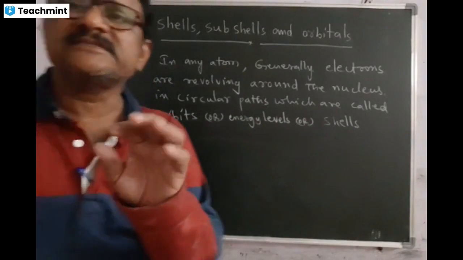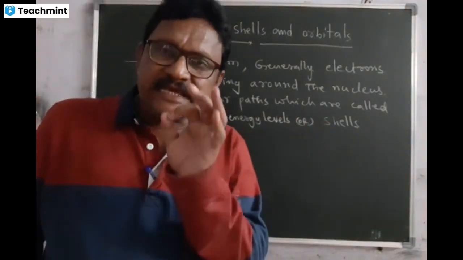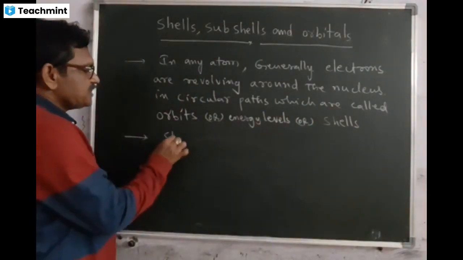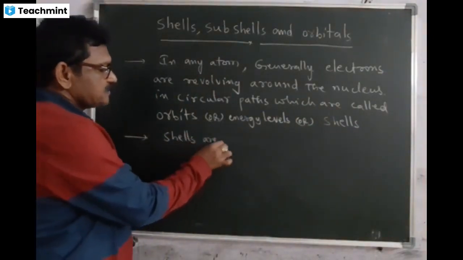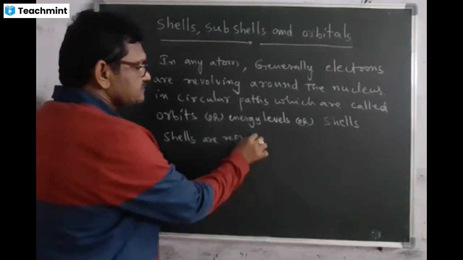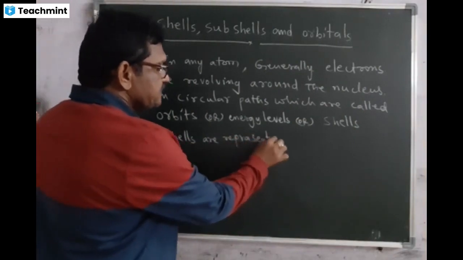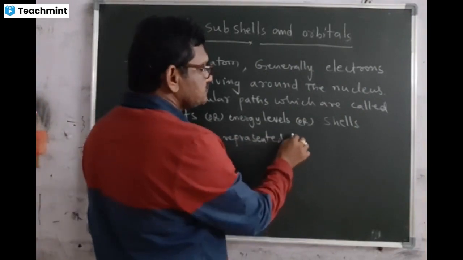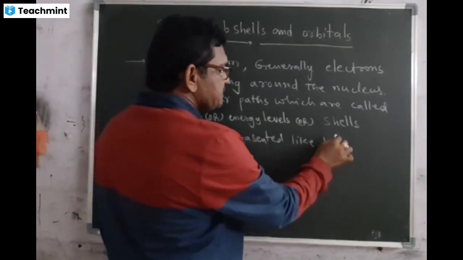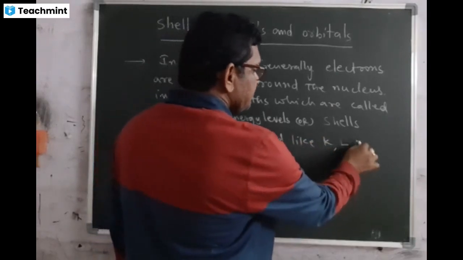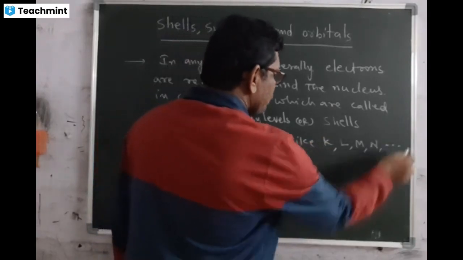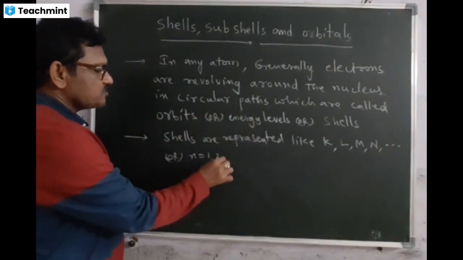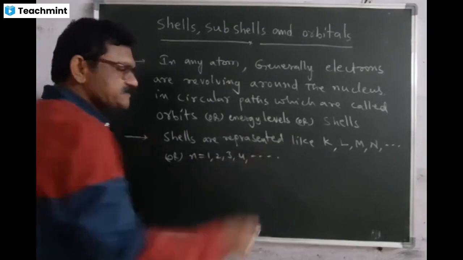represented with capital English letters K, L, M, N, O, and so on. Also n is equal to 1, 2, 3, 4, and so on.